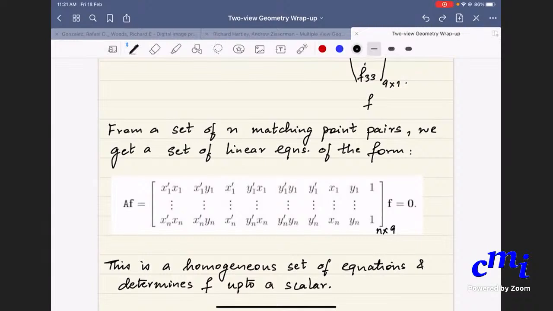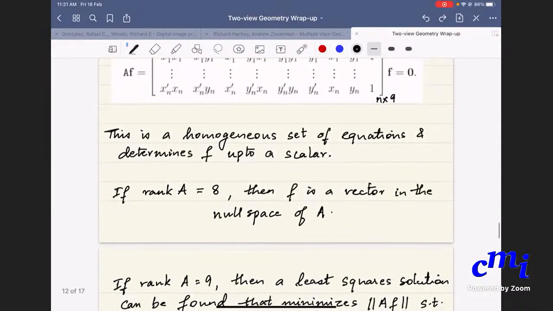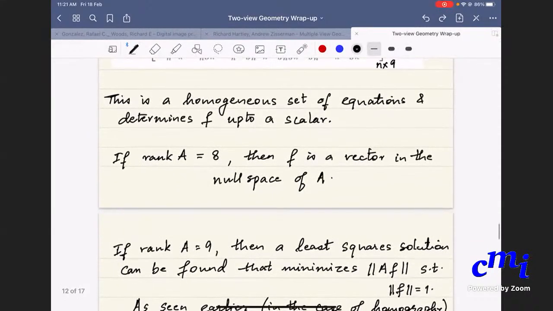If the rank of A is 9 or more, then what you will have to do is use a least square solution. That least square solution will proceed exactly like what we did earlier when we were doing homography. You find a least square solution, so you minimize norm AF subject to the constraint that norm F is 1.